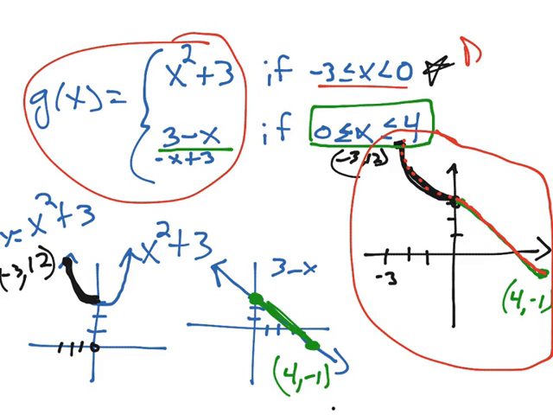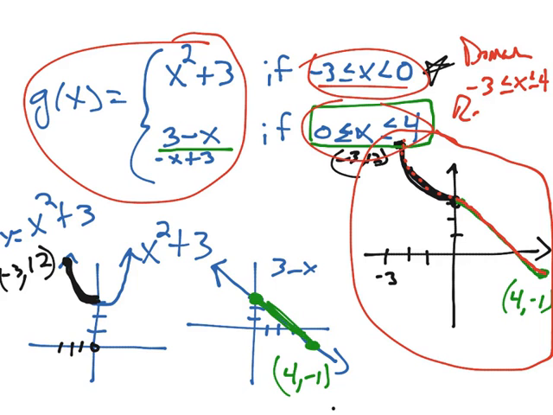This function's domain would be from negative 3 to 4, because that's what our condition said for the x's. And the range, the set of outputs, we got a high of 12 and a low of negative 1. So our outputs are somewhere between negative 1 and 12.